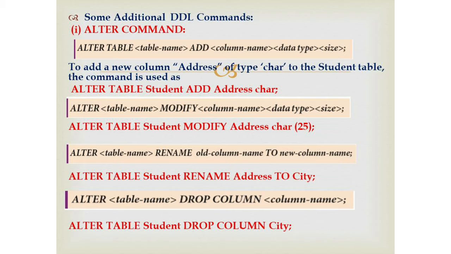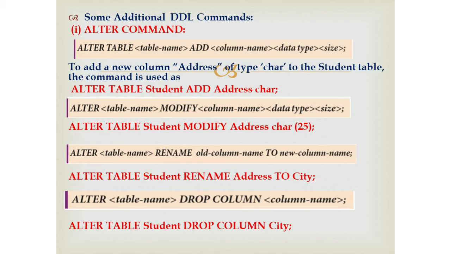Clear? The second method is to modify an existing column of a table. The column is already there, you want to modify the column, means you can use this MODIFY keyword along with ALTER. For that the command is ALTER, then the table name, then MODIFY, and the column name, data type, its size. For example, ALTER TABLE is a keyword. Then the table name is student. Then the keyword MODIFY.